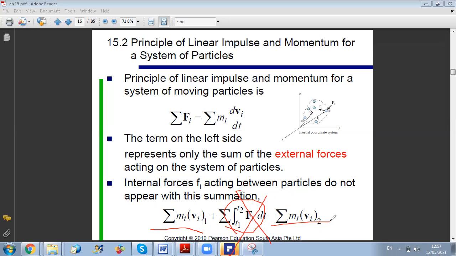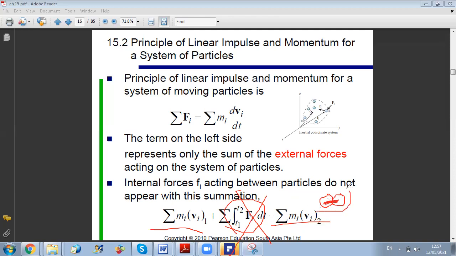I think you have already seen collisions at school, and we will go into more detail over collisions, elastic, plastic, etc. This concept is very important in collisions, because in general, if you have any two particles in collision, the impact force between them will be dominant over all other forces, and it is the major force.